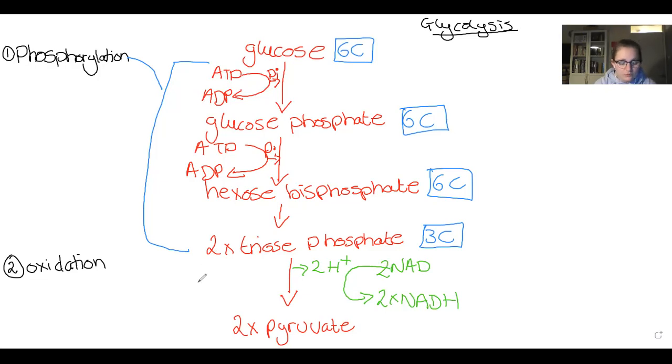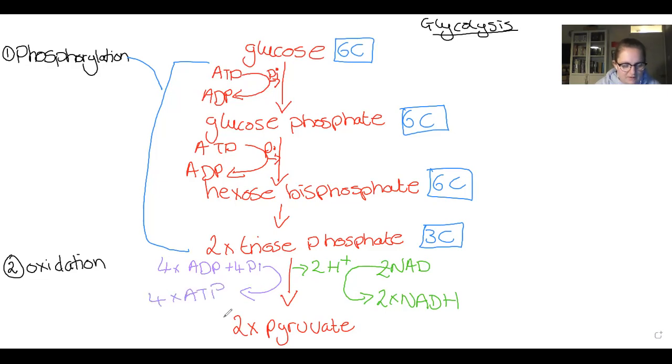Then we also produce 4 ATP. What happens as well here is we've got 4 lots of ADP and 4 inorganic phosphates, and they are going to make 4 molecules of ATP.